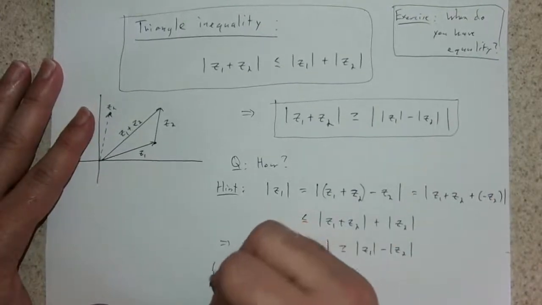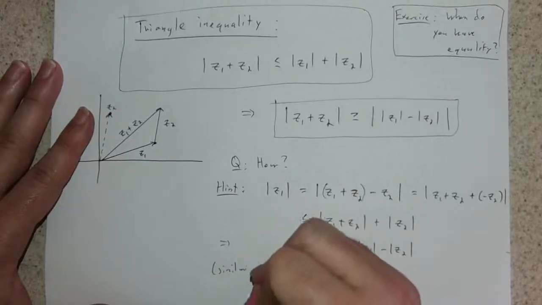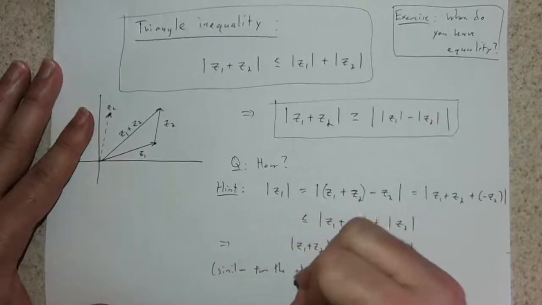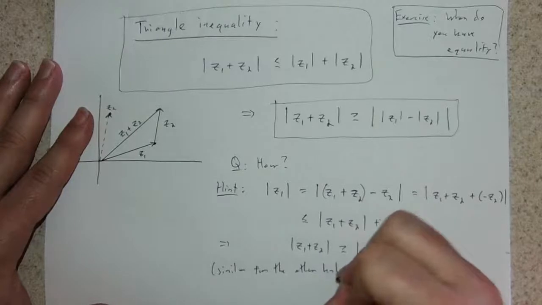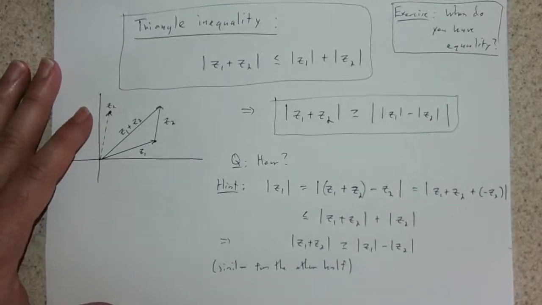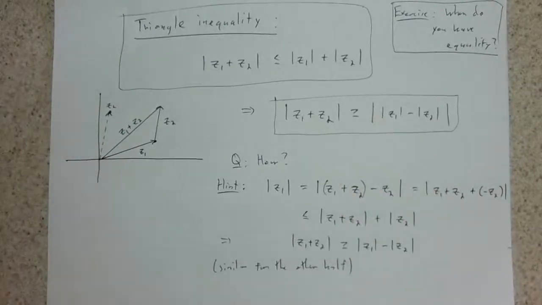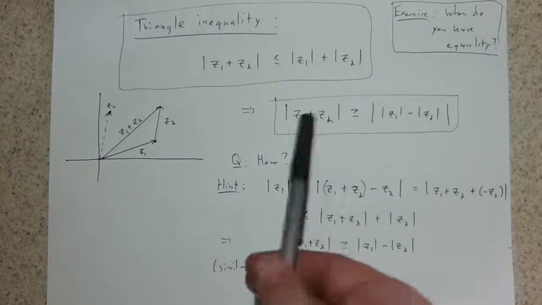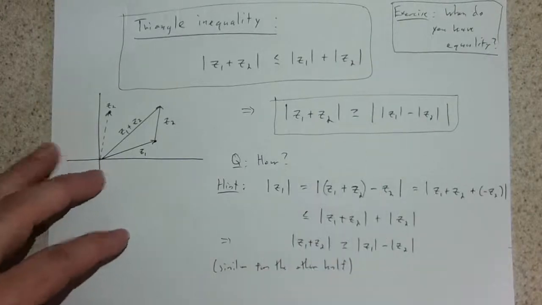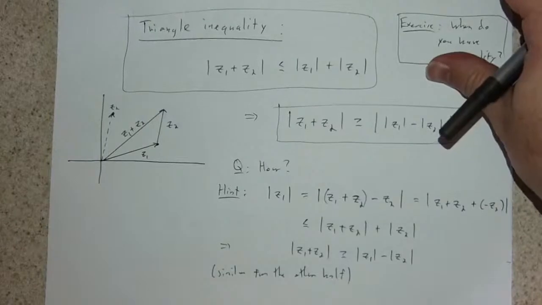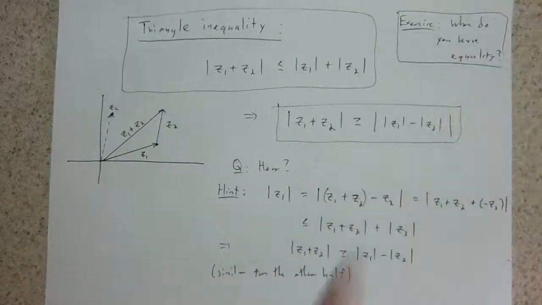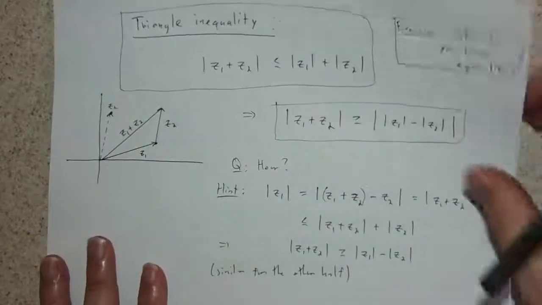It's similar for the other half, and that's where this comes from. Now, keeping track of all the various inequalities you're going to come across can be a little bit tricky. So thankfully there's a nice convenient thing that you can remember when it comes to both the triangle inequality and this companion inequality.